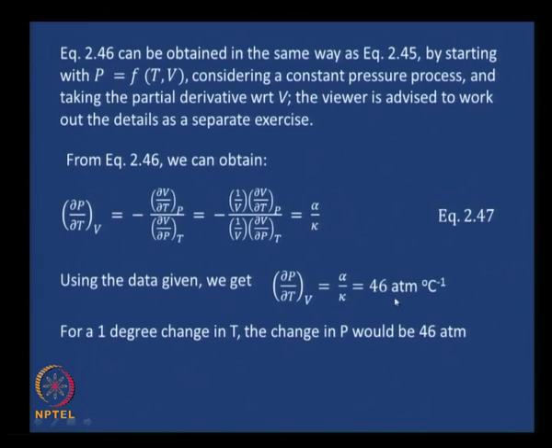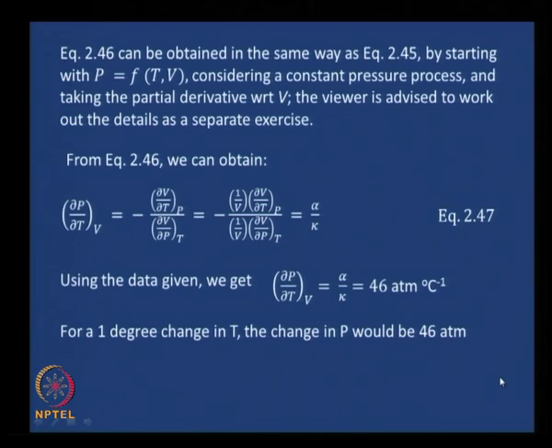In other words, we have a change in pressure for a unit change in temperature. So, if the change in temperature is 1 degree, then the change in pressure would be 46 atmospheres.